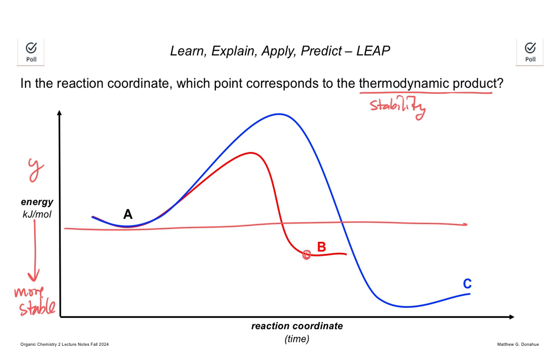So we'll just put some dots in there in the well part of B and C. And then if you look at that distance, you can now see that C is greater than B. So that's indicating that the product C is more stable than product B.